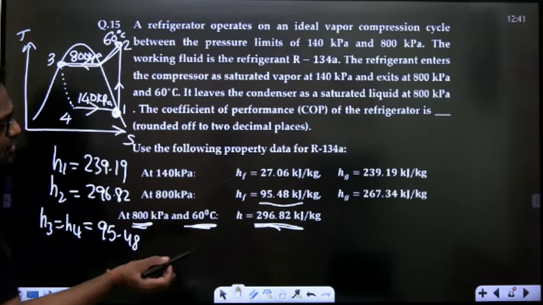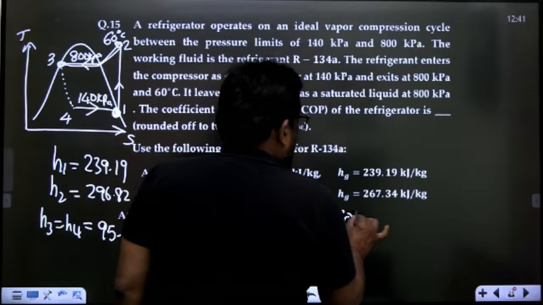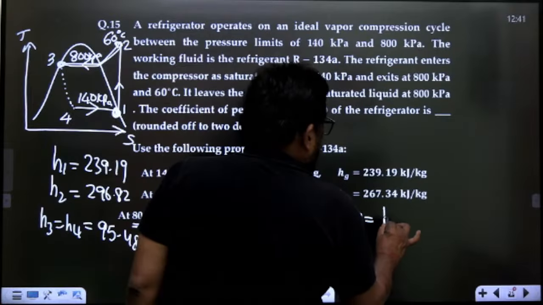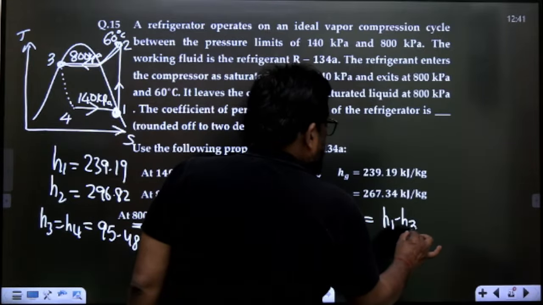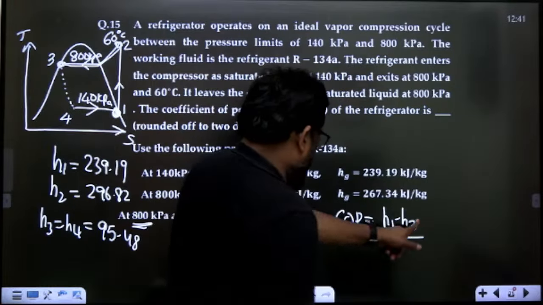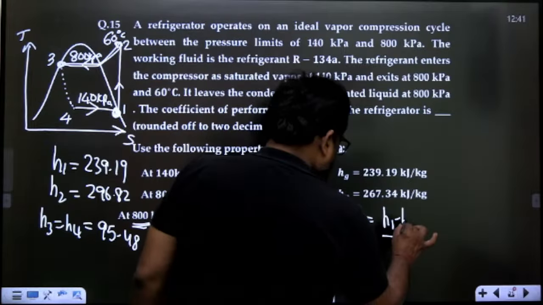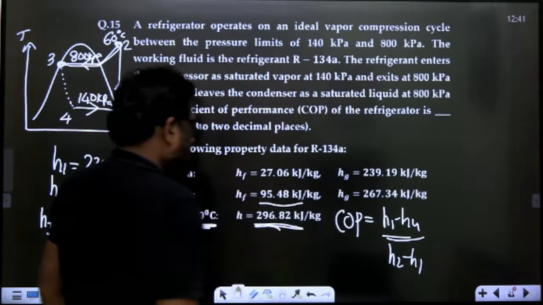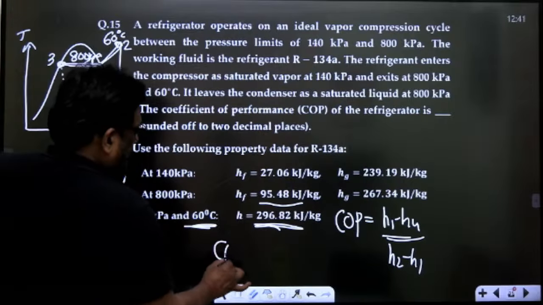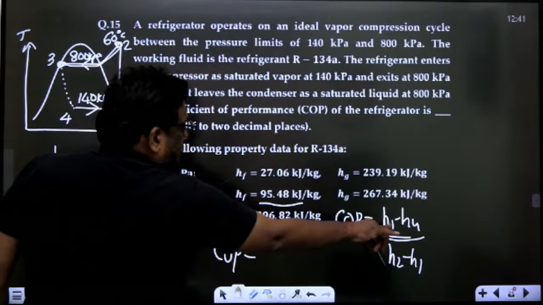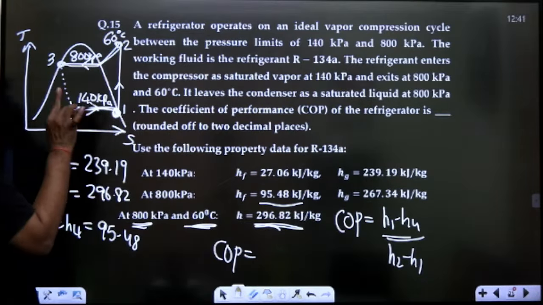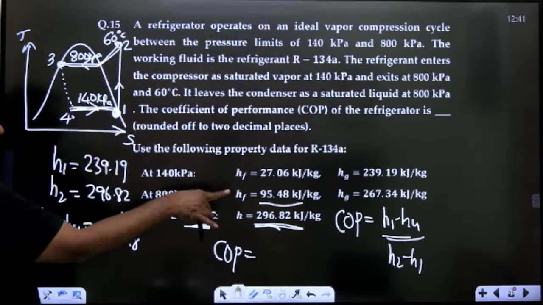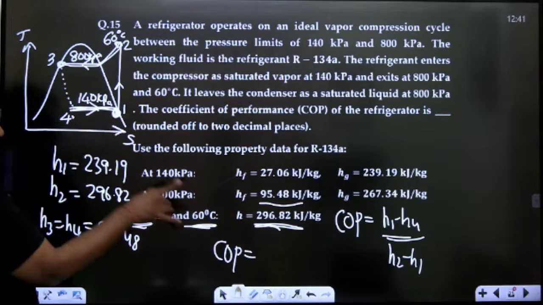So he is asking COP, such a simple question, but it is a regular question. Refrigeration effect is H1 minus H3 or H4, divided by work input, which is H2 minus H1. So put the values. COP will be equal to refrigeration effect, 1 minus 4, correct, and work input is 2 minus 1, correct.